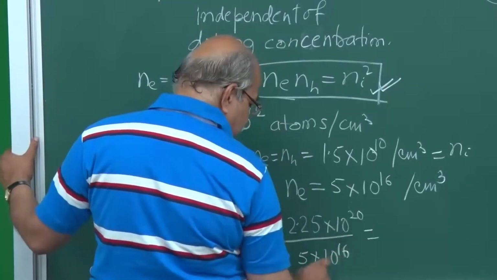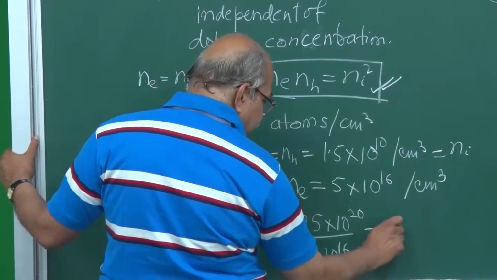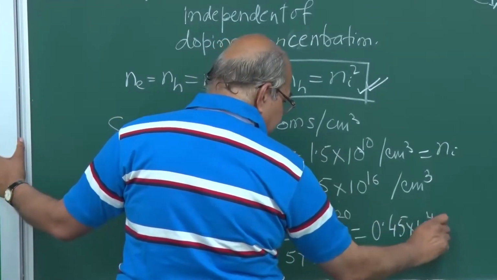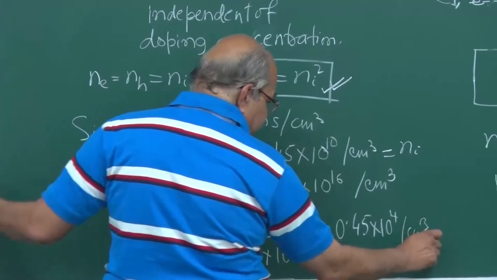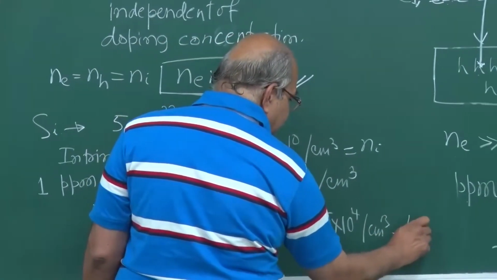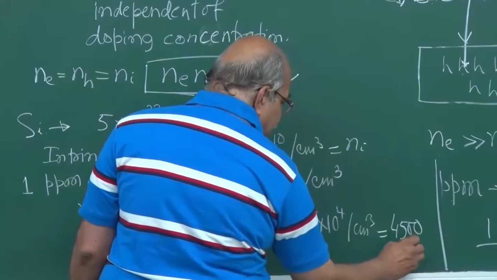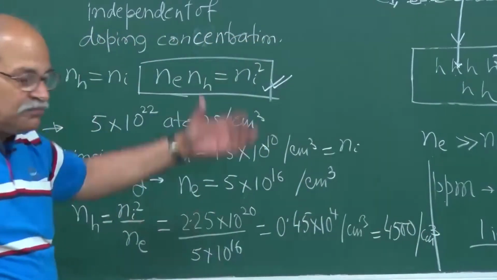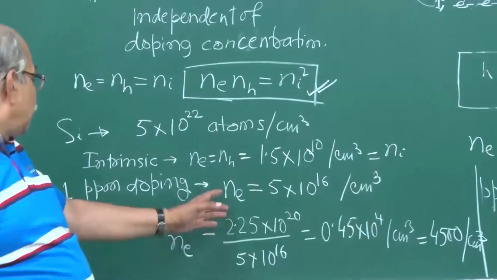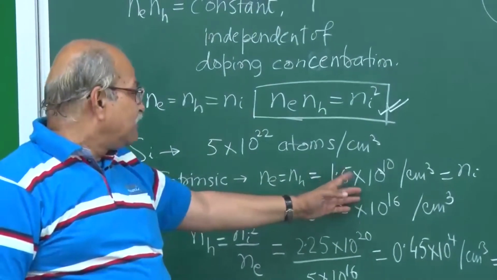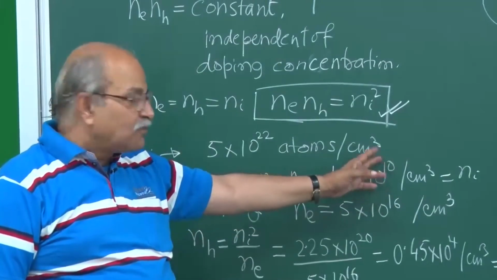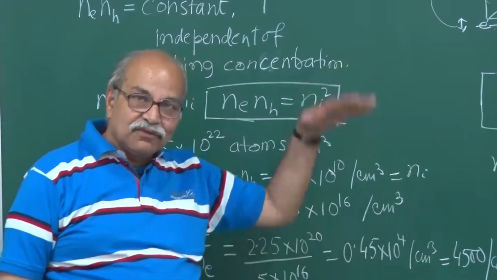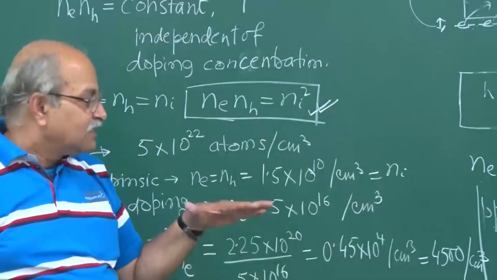This is now 0.45 into 10 to the power 4 per centimeter cube, which is just 4,500 per centimeter cube. Okay, so the number of holes has gone from 1.5 into 10 to the power 10, from here it has gone to just 4,500. So the number of holes has gone terribly down.